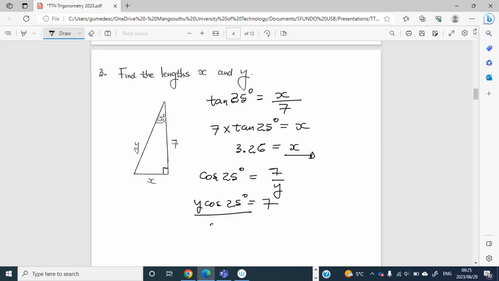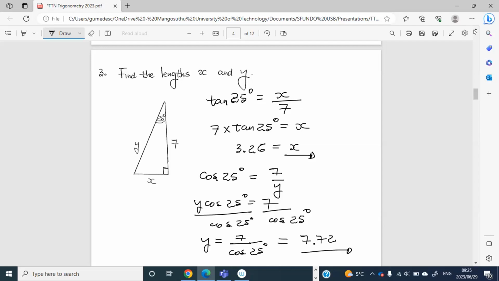And dividing by cos 25, both sides, I will have y equal to 7 over cos 25 degrees, which I will evaluate using my calculator. 7 over cos 25 degrees. We've got 7,72.